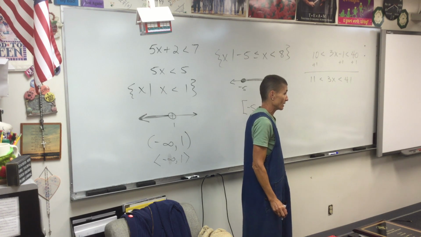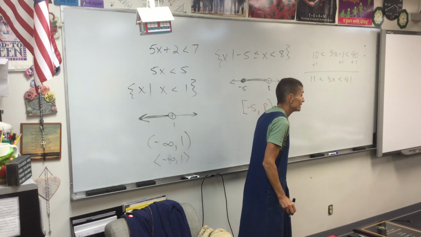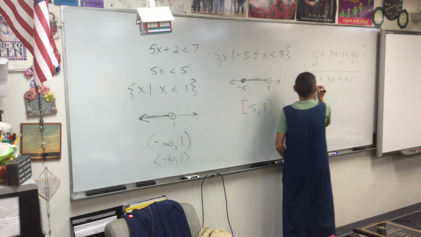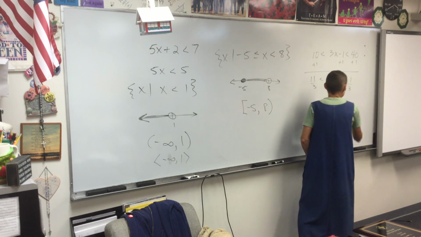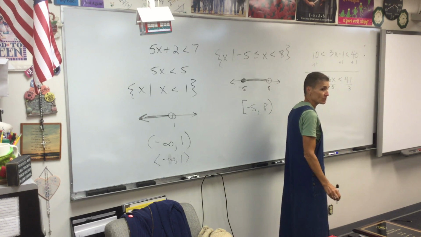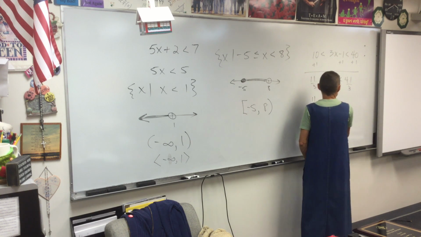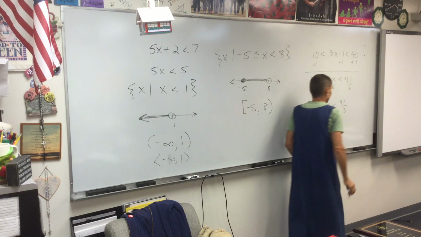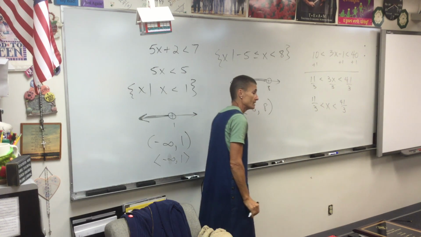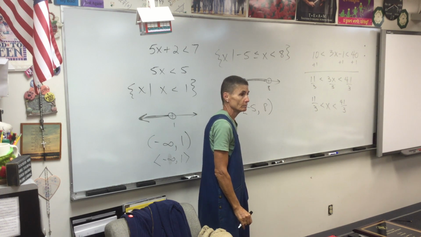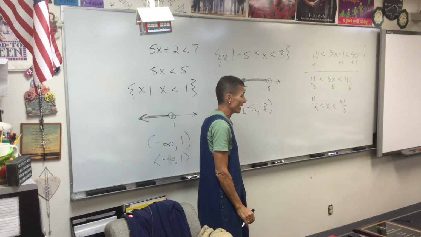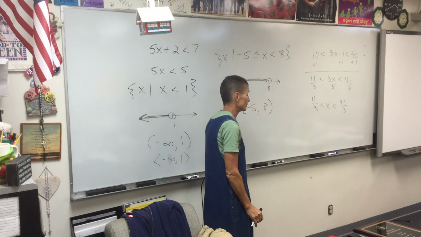And then guess what we're going to do? We're going to divide everything by 3. Oh no, there are fractions. Yes, fractions happen in the real world. Now I want that as an interval. What will that look like as an interval?